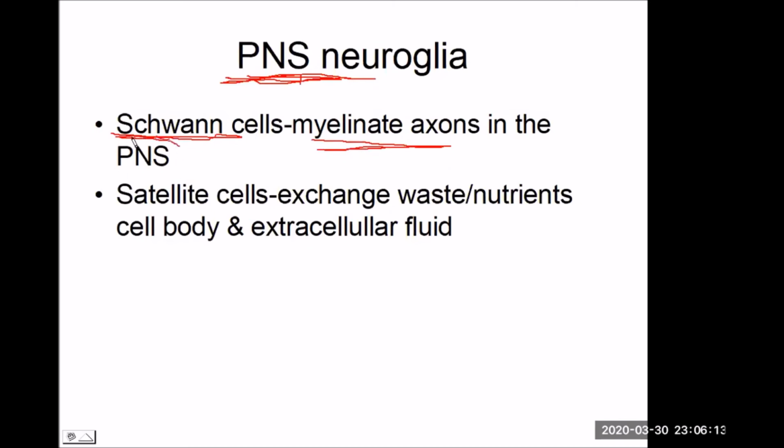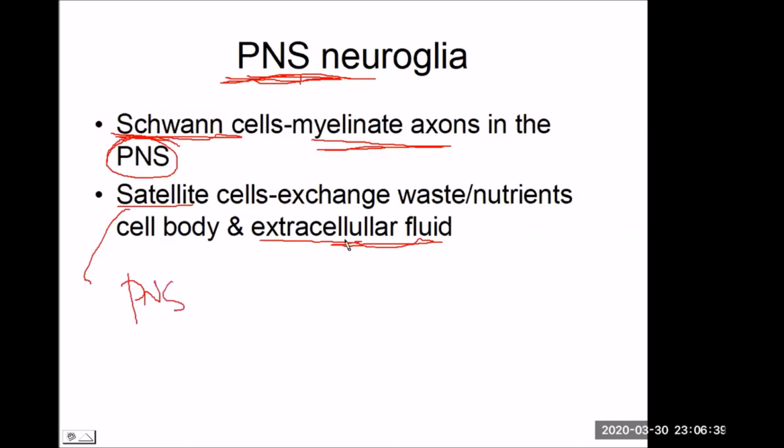In this case, for the peripheral nervous system, think about the speed of signal traveling in the nerves of your arms with that rapid speed of Schwann cells. And satellite cells are similar to the astrocytes, but again, they're doing this job for the peripheral nervous system.